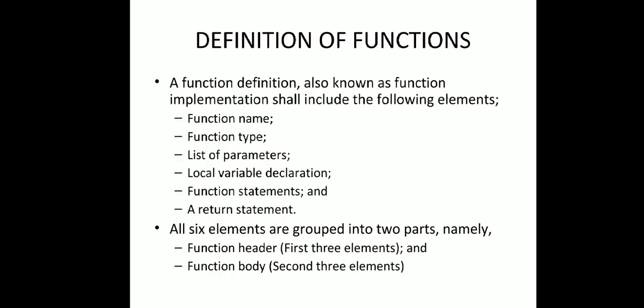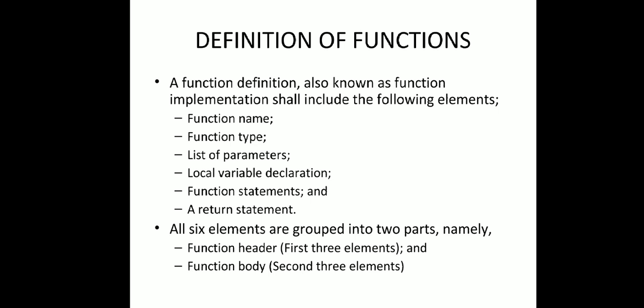Then comes the local variable declaration. Local variable declaration, in the sense, those variables can be used only within that particular function. We cannot use that variable outside the function because it is declared within that function.